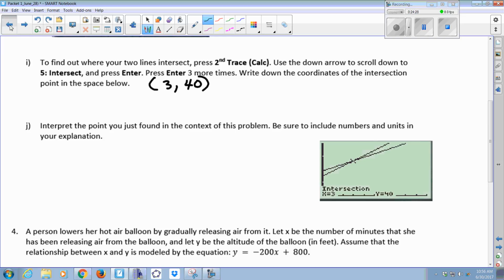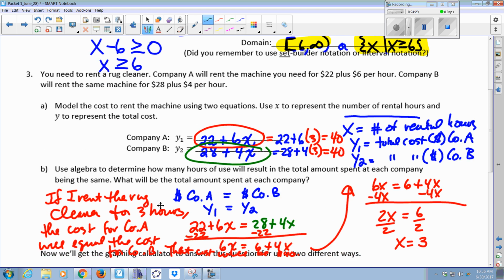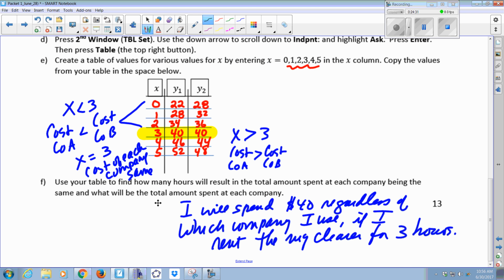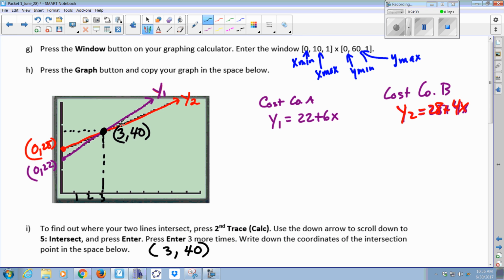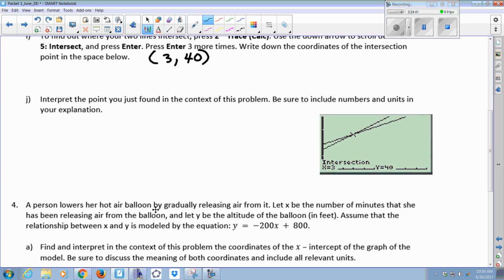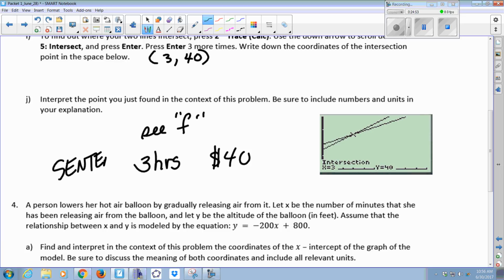So we could just come right back here to this sentence that I wrote just a minute ago: I will spend $40 regardless of which company I use if I rent the rug cleaner for 3 hours. So we'll just say CF. Okay, so you want to make sure your sentence includes 3 hours and $40. So your sentence has to have both numbers and both units.